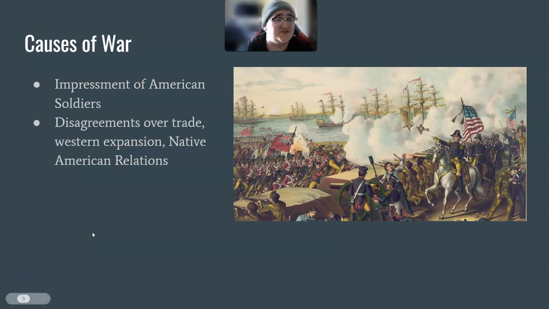A couple causes for the war was the impressment of American soldiers. Like I said previously, American soldiers were being captured by British soldiers, who were forcing them to fight for their naval battleships. Alongside each side of the war, the British and the United States, there was also another underlying layer of people fighting with them, which was the indigenous peoples that had chosen to side with each.